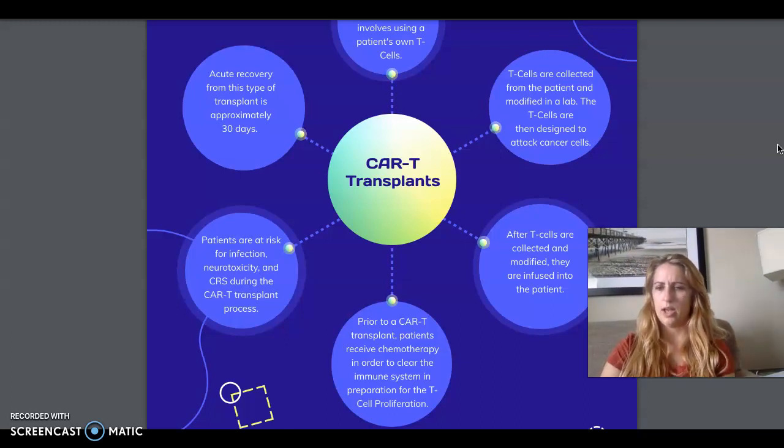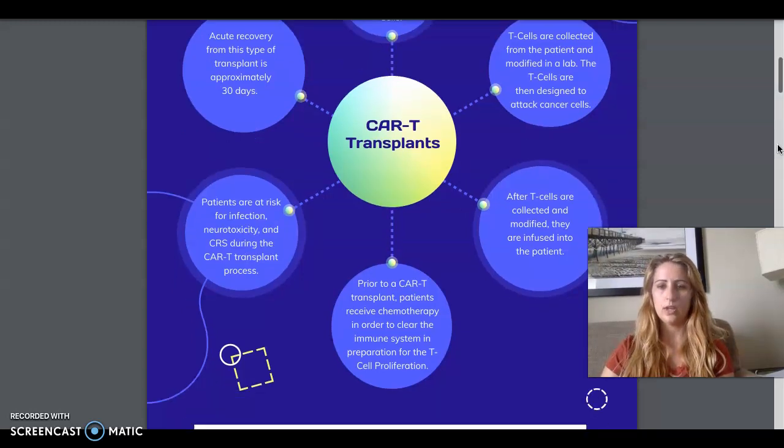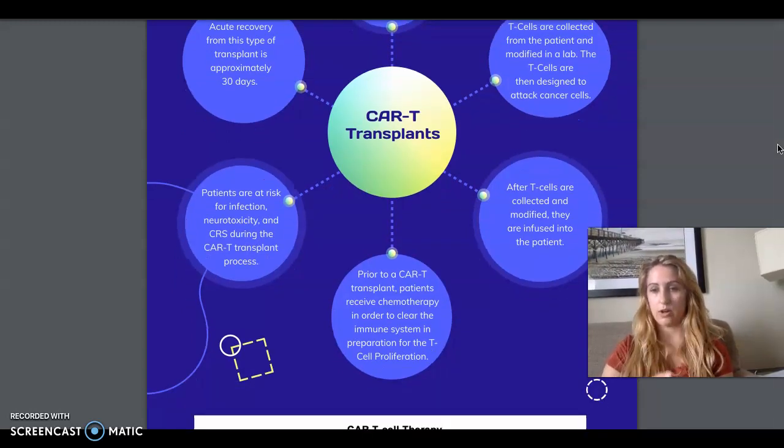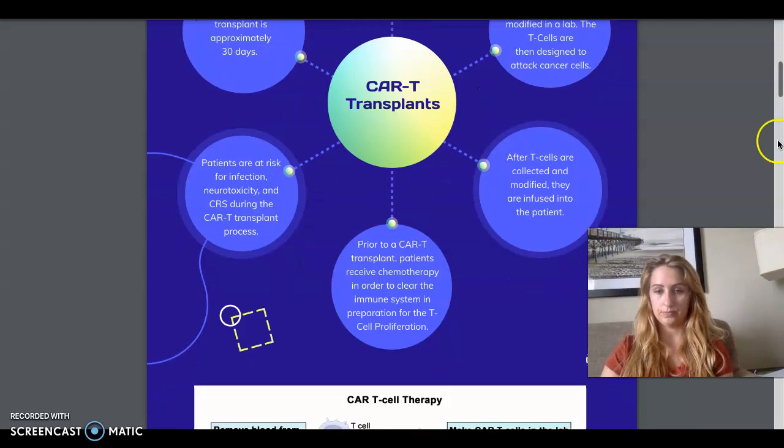You know how receptors can attach to certain antigens; essentially these T cells are able to identify the cancerous cells and attack them. So those cells are collected, sent to a lab, genetically modified, and then they're brought back, and after the patient receives some conditioning therapy, they will be reinfused into the patient.